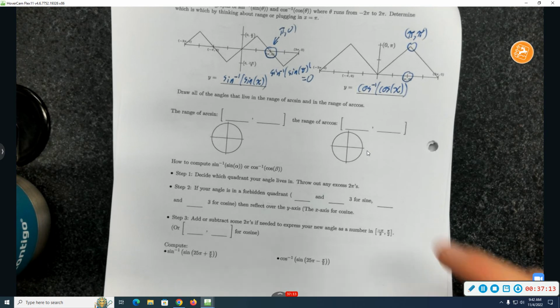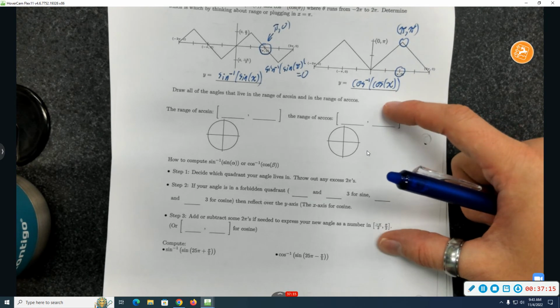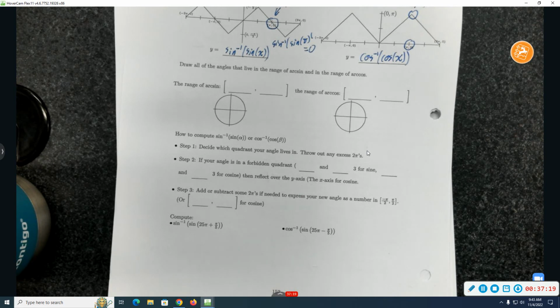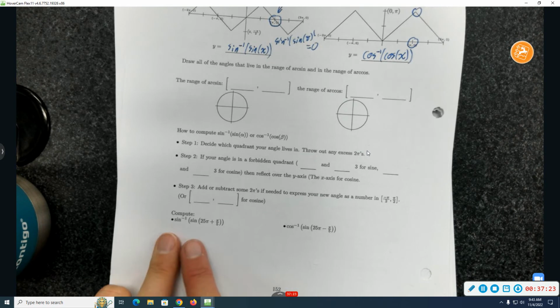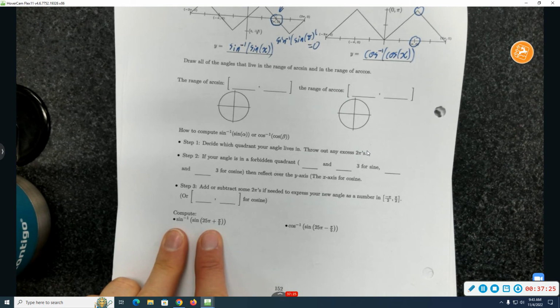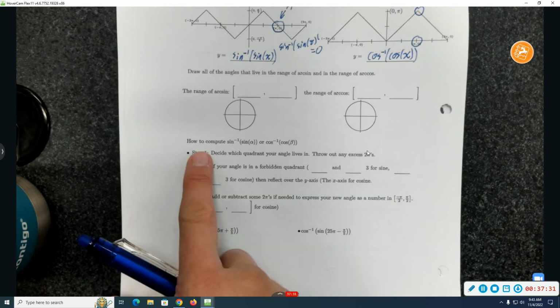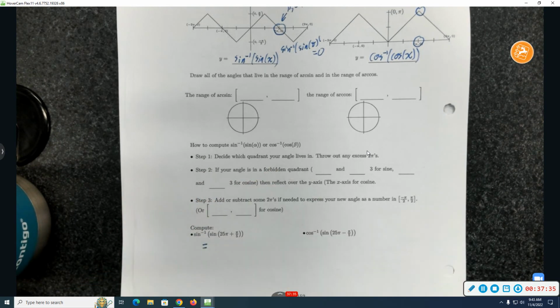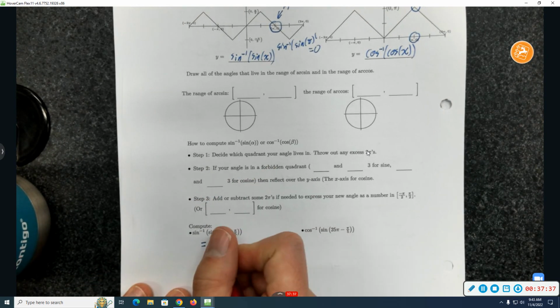So, I think maybe I'll hold off on this. Let's jump down to these examples because I think these will hit the thing that you just said really well. So let's suppose you want to compute the inverse sine of the sine of 25 pi over 12 plus pi over 5, and I'll follow these exact steps. So the first thing to think about is I'm evaluating sine.